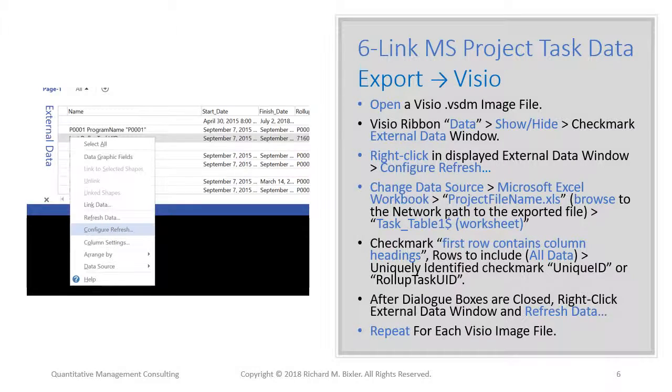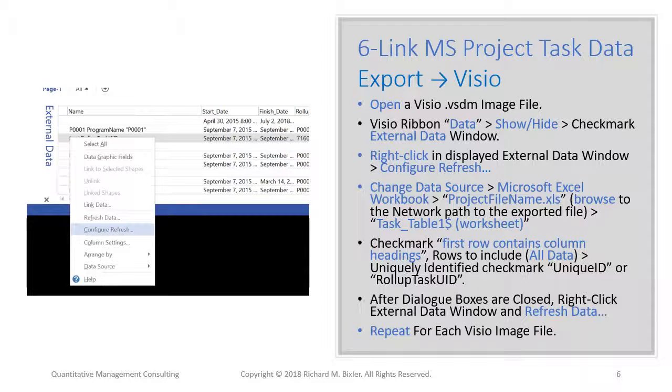To reconnect a Visio VSDM image file to a task data export XLS file from MS Project, each VSDM file connects individually to the XLS export file, so each must be reconnected. Open each VSDM file. In Visio, show the external data window, Visio ribbon Data, Show Hide, and checkmark External Data Window.